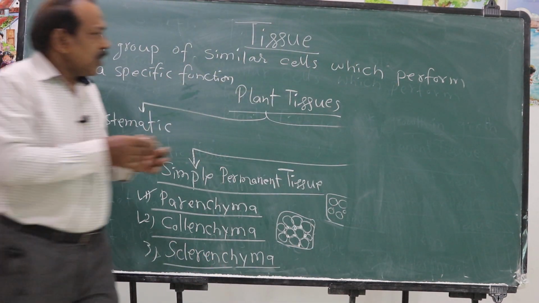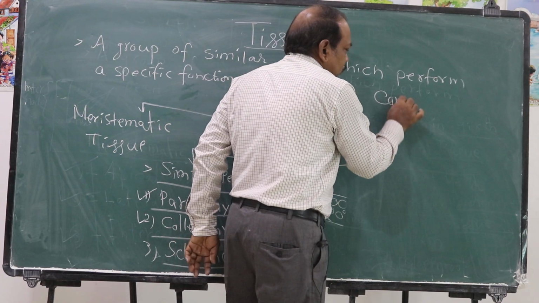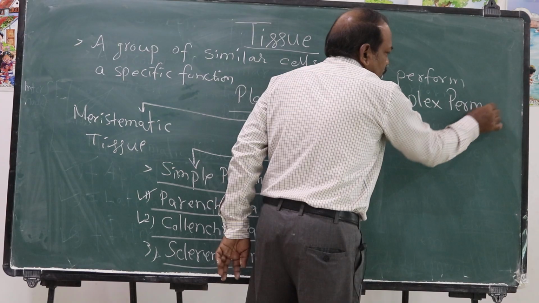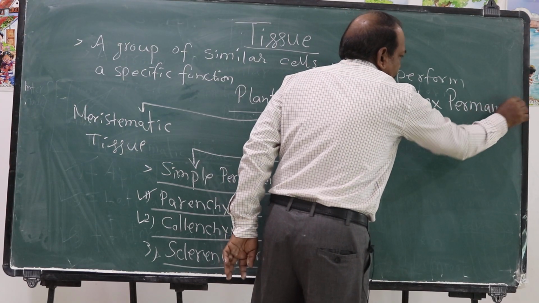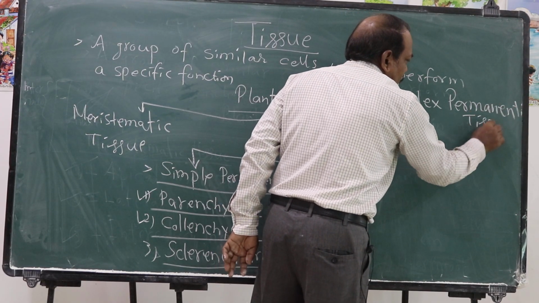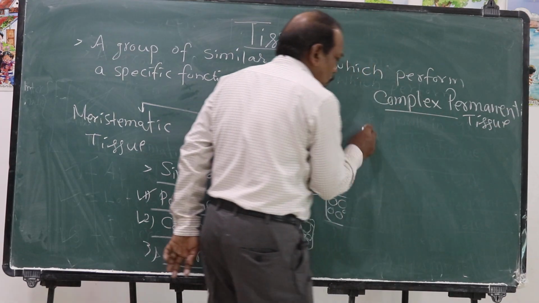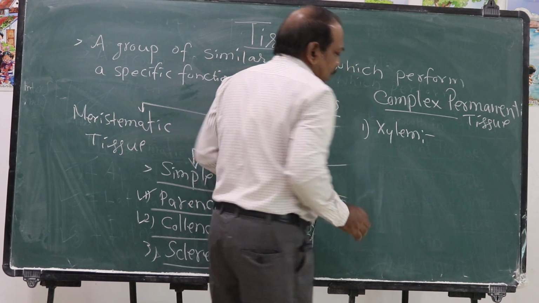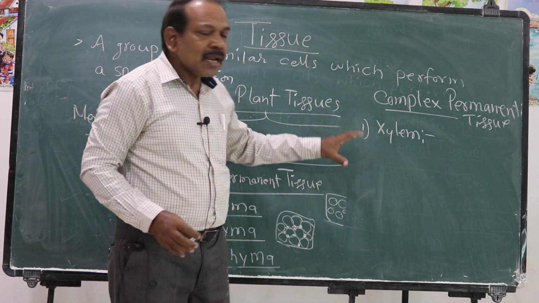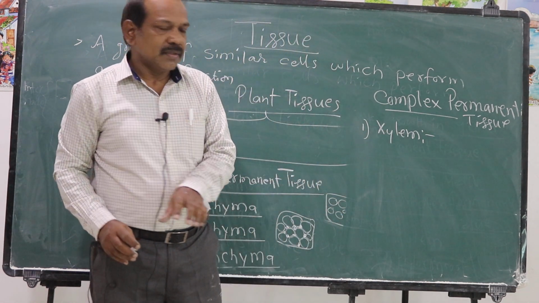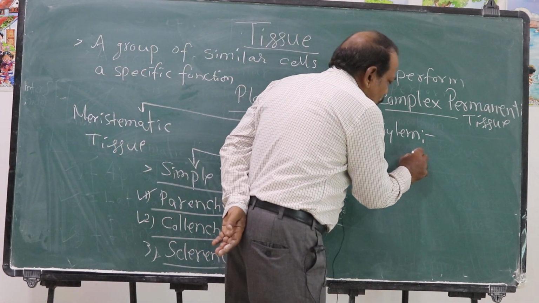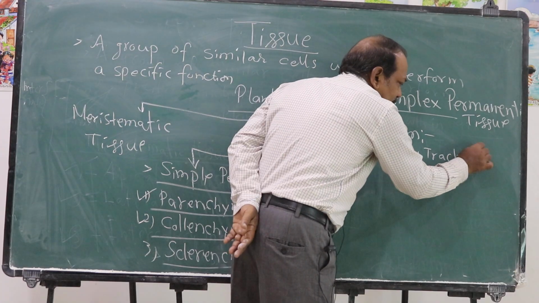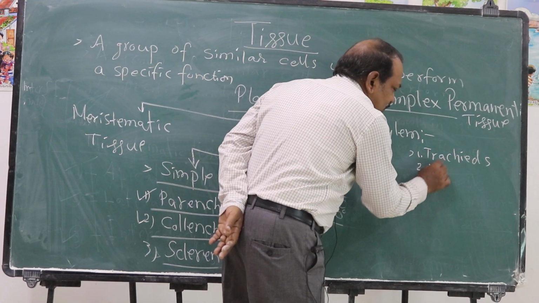So complex permanent tissue, two types. One, xylem. It is complex because xylem is made up of four types of cells. What are the four types of cells? One, tracheids. Two, vessels.